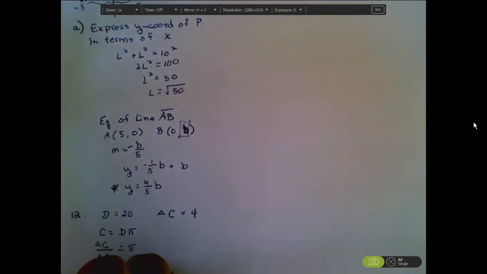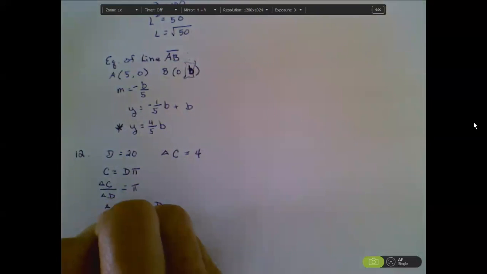Yeah, just like if this was 5D, the derivative with respect to D would just be 5. The derivative of pi D with respect to D is just pi. And so we're talking differentials here. This is the differential in C. So the differential in C is pi times the differential in D.